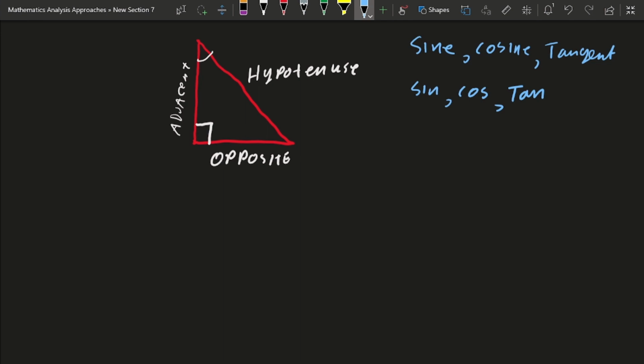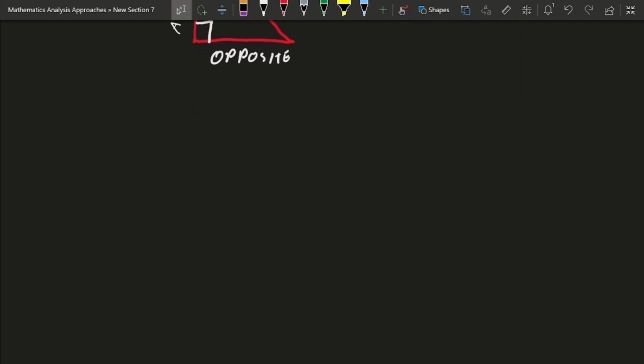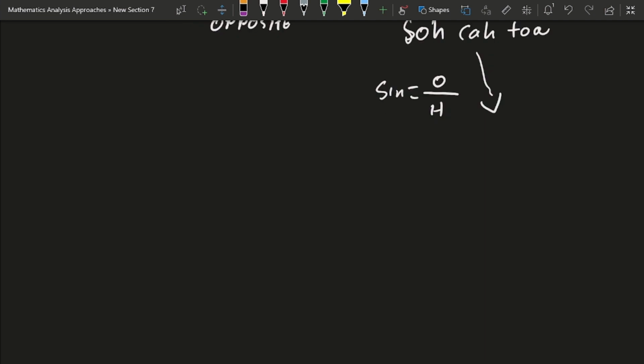So to find that out, it is worth noting down this expression, which is called SOH CAH TOA. It might sound funny, but it is actually very helpful. SOH stands for sin equals opposite, so this side here, over the hypotenuse, which is the diagonal side.